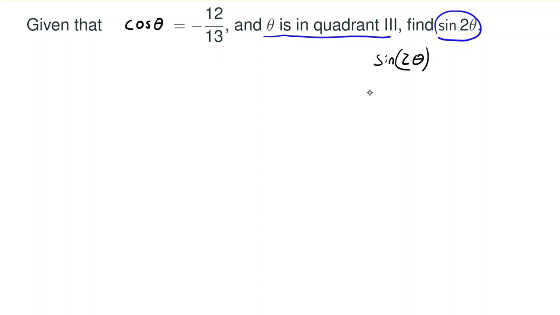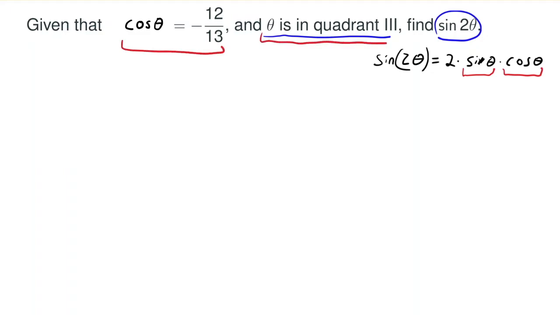Double angle identity tells us that sine 2 theta equals 2 times sine theta times cosine theta. So in order to find sine 2 theta, we have to know sine theta and cosine theta. This is not just like 2 times sine theta. We have to use this identity. And cosine theta is already given. That means we have to find what sine theta is using this information.